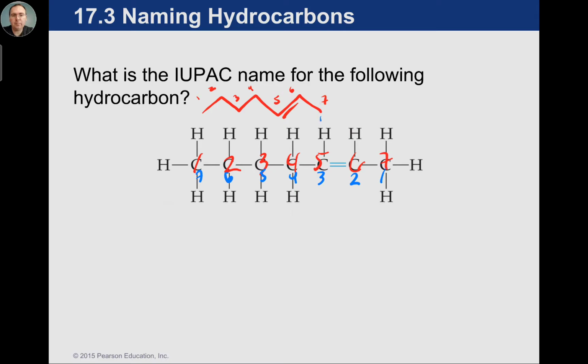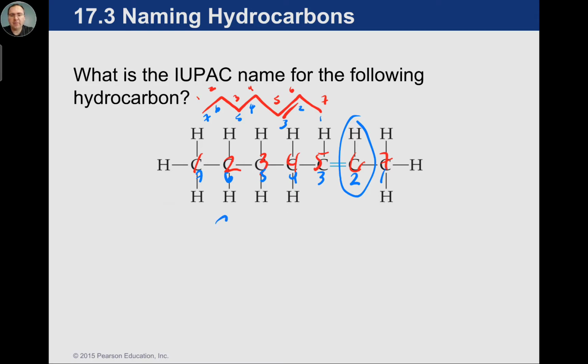So numbering from the blue numbers instead of from those red numbers would be the preferred answer. So in this case, carbon 2 is faster than getting to carbon 5.